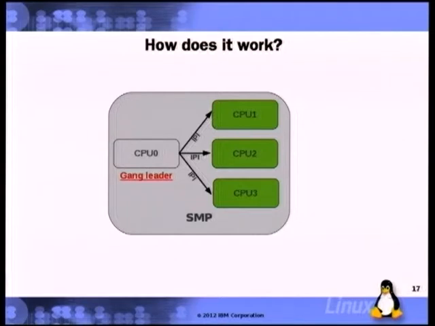One thing to note is that the selection of the task or vCPU on CPU 0 is not influenced. It is done by normal scheduling. We are not using the hint on the gang leader CPU, so that takes care of the fairness aspect here.